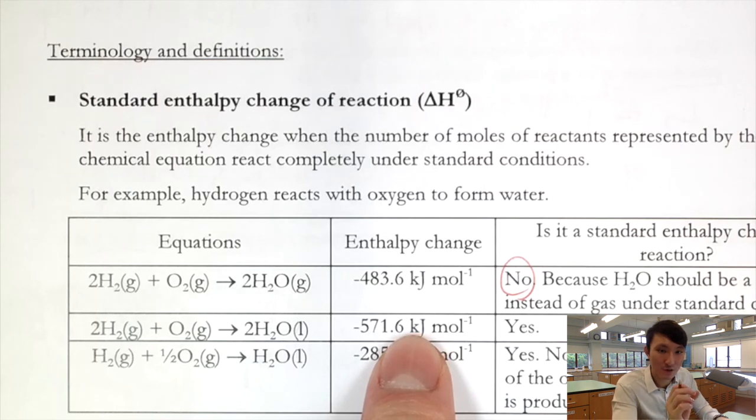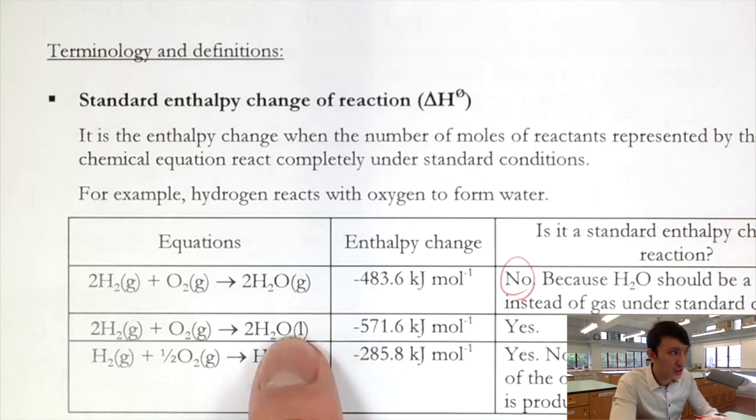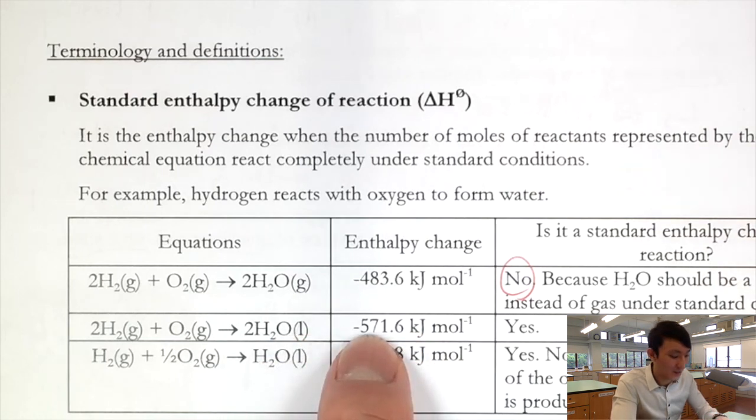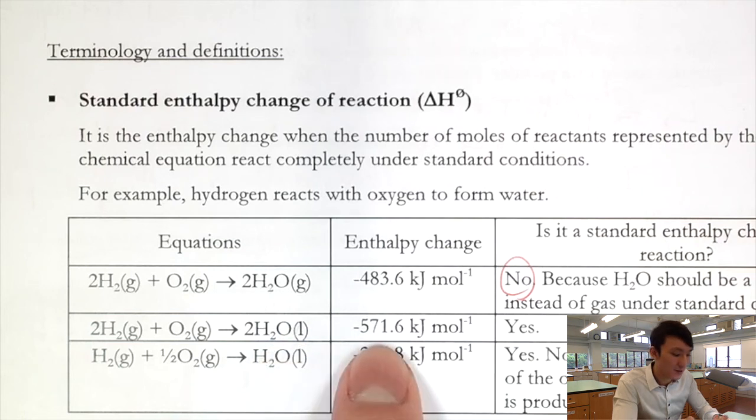Now here, if you can follow, it will be very good. You may notice that this equation is more exothermic than this equation. And why is that? The reason is that this is an exothermic process, so it releases heat.